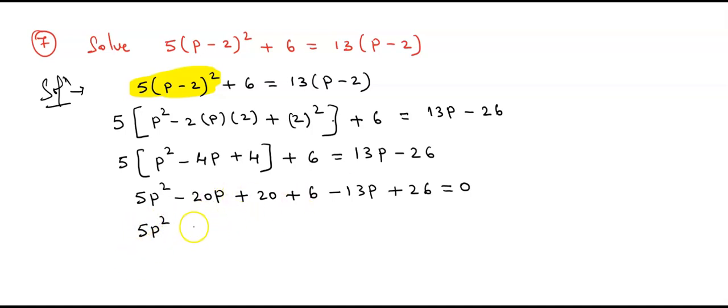If both are minus we should add, but minus remains same. I am right? Yes, 20 plus 13 is minus 33p. 20 plus 6 is 26. 26 plus 26, how much, children? 26 plus 26, that is 52, that is equals to 0. 6 plus 6 is 12, 2 plus 2 is 4 plus 1 is 5.